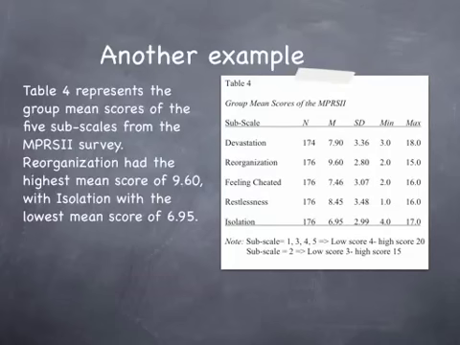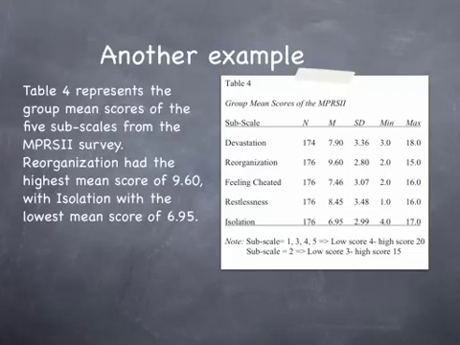Another example from that same student that I used as an example earlier. This is another descriptive statistics table, a table for group mean scores of the questionnaire, the MPRSII.